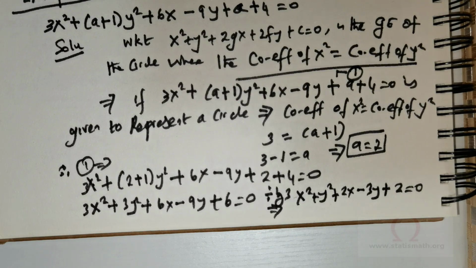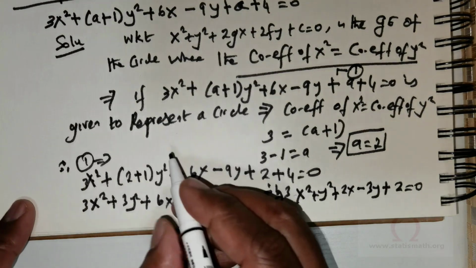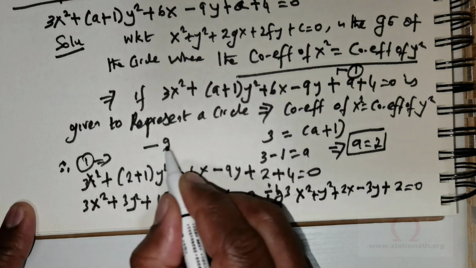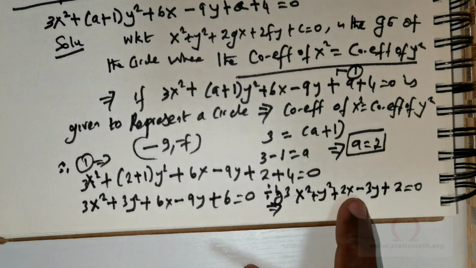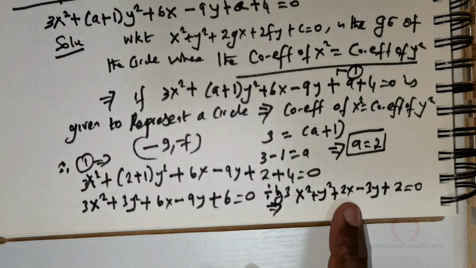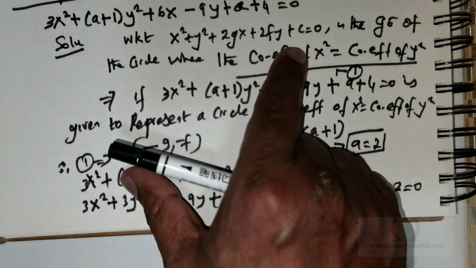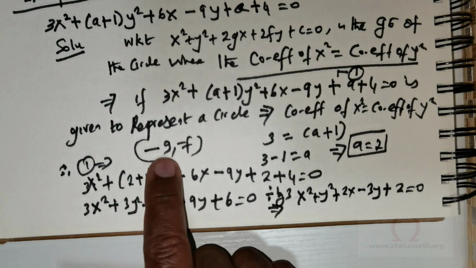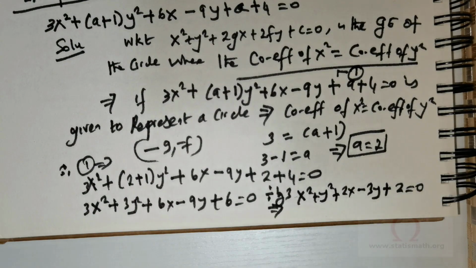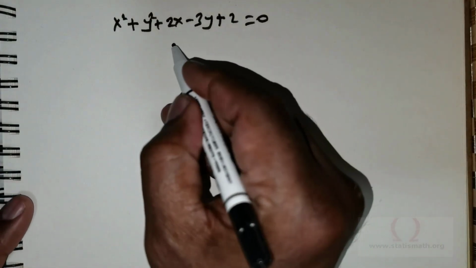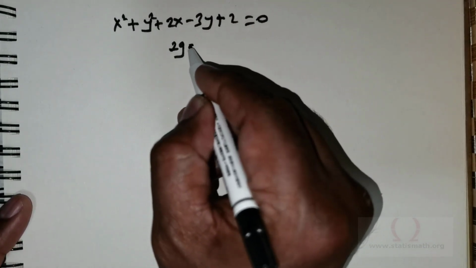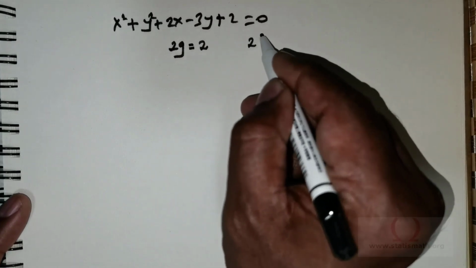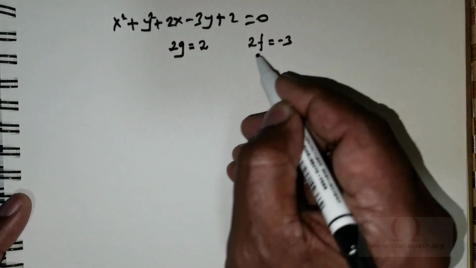Now the center can be obtained, which is actually (−g, −f). We know that. Now I'm going to be using this equation and comparing it with the general equation of the circle and obtaining the center. So when I compare this with the general equation of the circle, I would be getting 2g = 2 and 2f = −3.